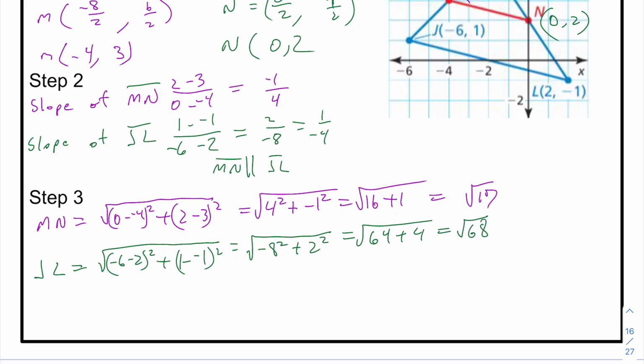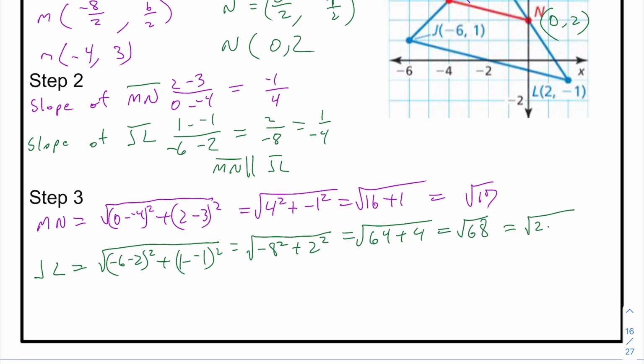Well, radical 17 and radical 68 don't seem to go together, don't seem to match, but we can reduce radical 68, see if we can find a common radical. So 68 is an even number, so I'm going to divide it by 2.